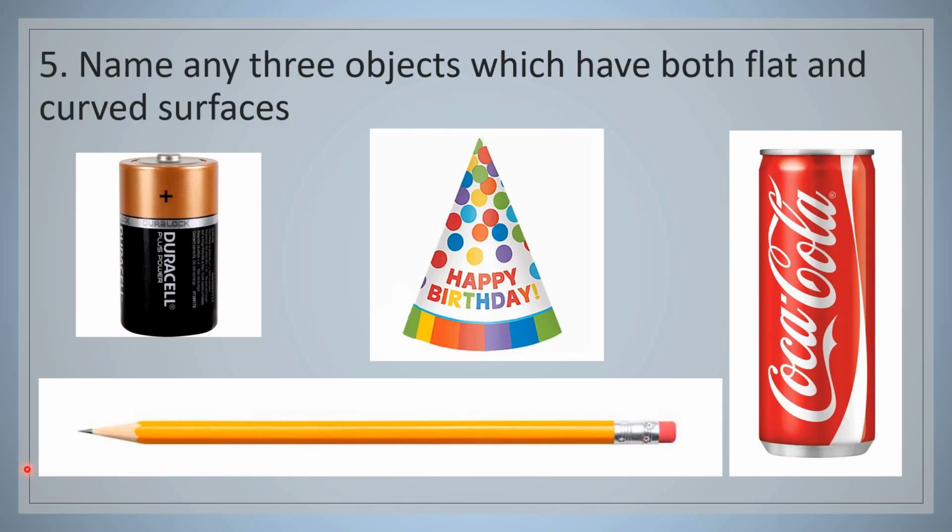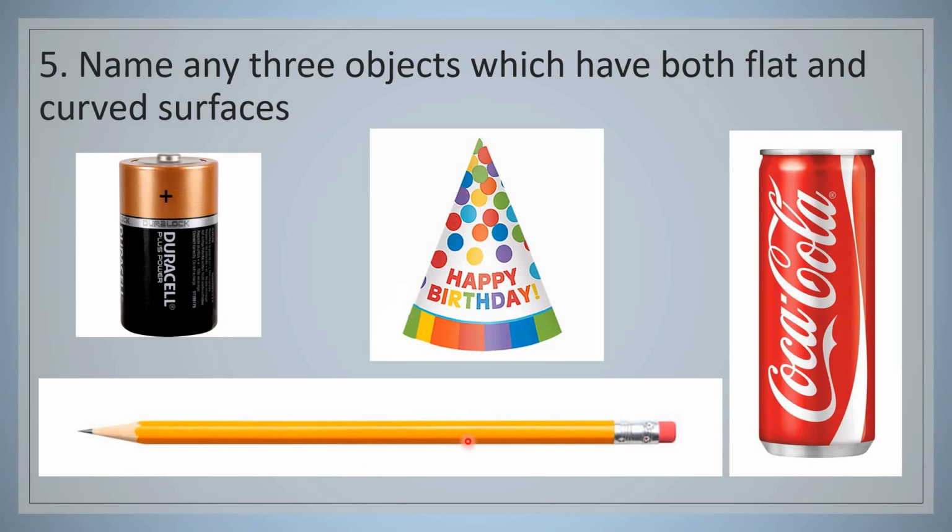And the next one is name any three objects which have both flat and curved surface. Here we have to remember both flat and curved. The first is a battery. This is the curved part of it, and the vertical side is the flat surface. Next is a cone again. The cone has a curved surface and a flat surface at the bottom.